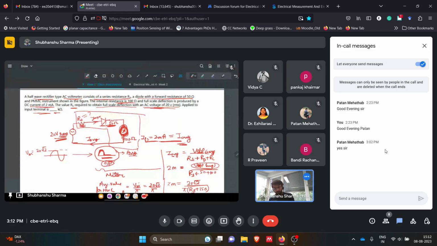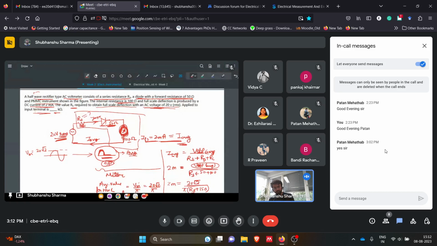Now they're saying a diode with a forward resistance of 50 ohm and a PMMC instrument, as shown in this figure. How did they make this half wave rectified signal? With the help of a diode. Normally we use a diode for that case.